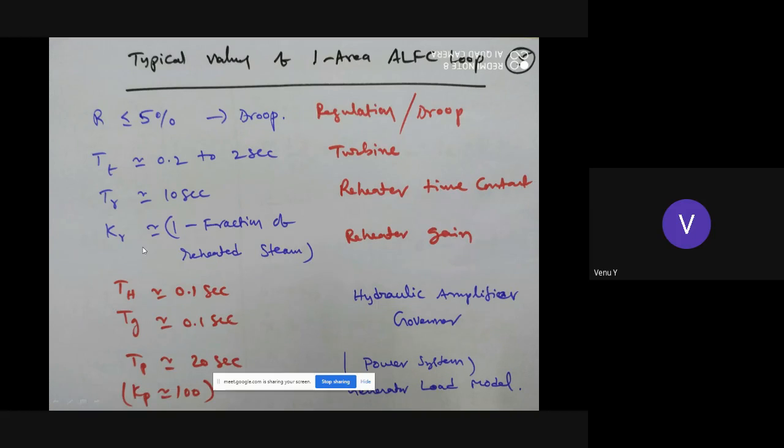KR is the reheater gain, 1 minus the fraction of the reheated steam, and TH is approximately 0.1 seconds, the hydraulic amplifier. TG is the governor time constant, 0.1 seconds. TP is the power system time constant, 20 seconds. KP is approximately 100. So these are the typical values of various components.